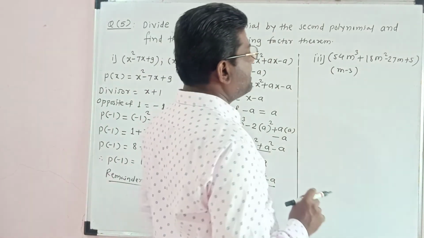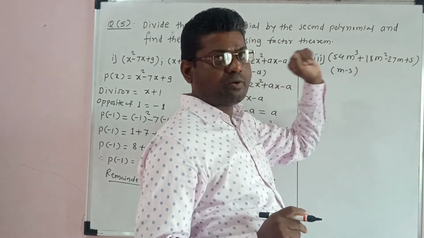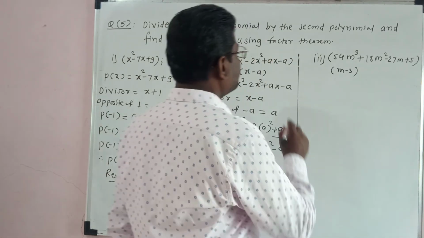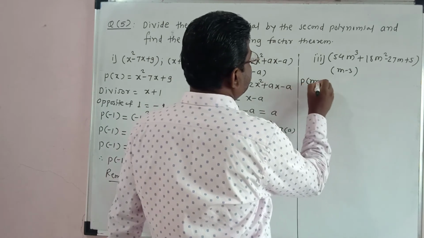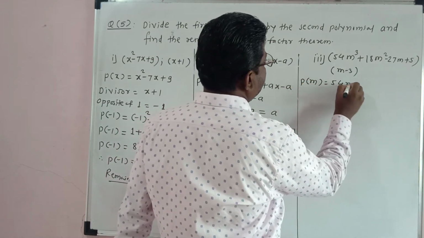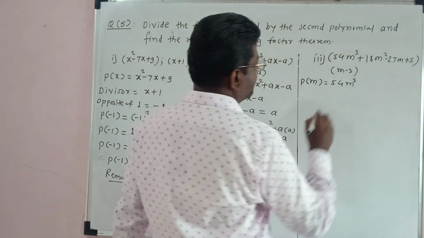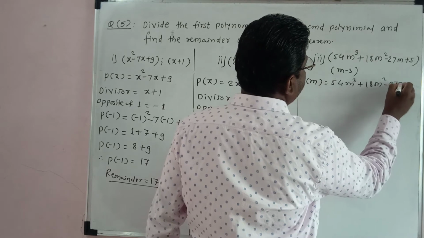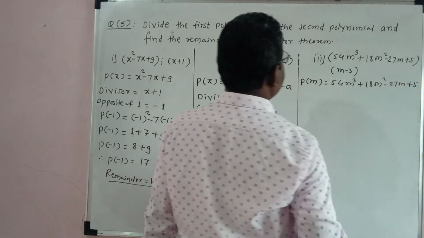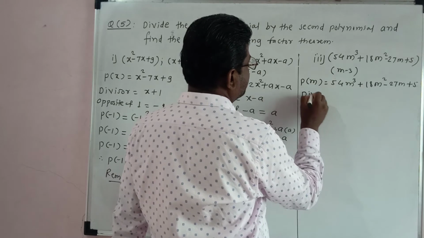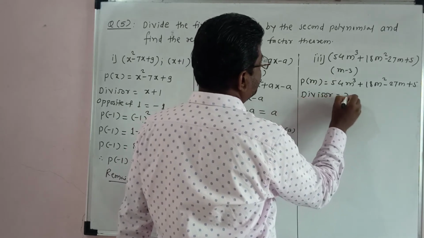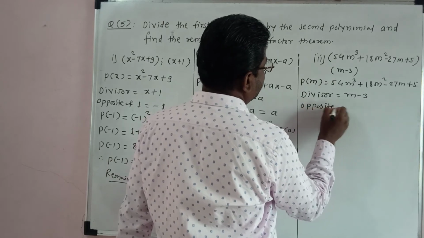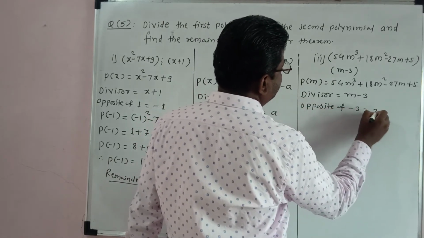Now here the polynomial is in the variable m, therefore we write P of m. So P of m is equal to 54m³ plus 18m² minus 27m plus 5. So here the divisor is m minus 3, and the opposite of minus 3 is equal to 3.